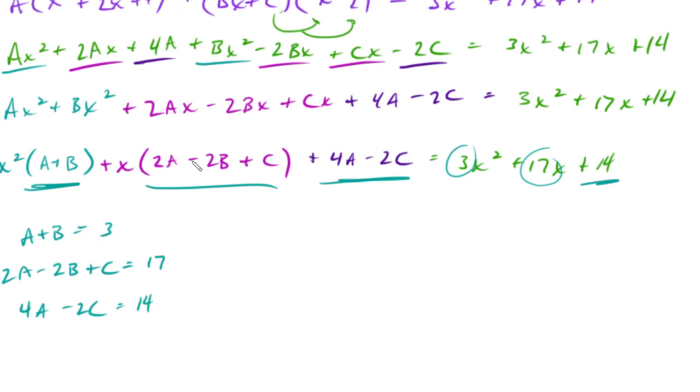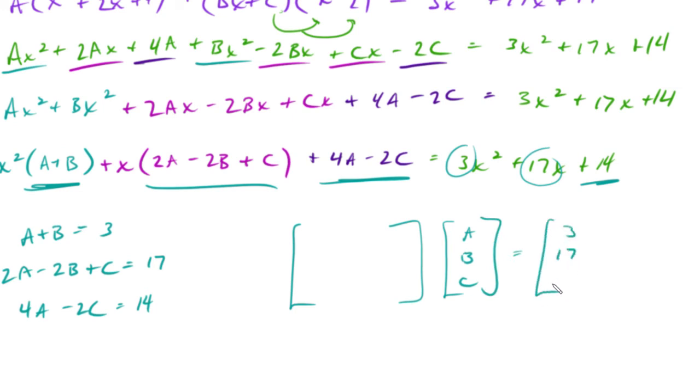I'm going to set this up into a matrix equation and solve it. So the matrix equation is going to be a 3 by 3. And the order of my variables will be a, b, c. And it's going to equal 3, 17, and 14. And so you're going to put in your coefficients here for a, b, and c in your first, second, and third equations.